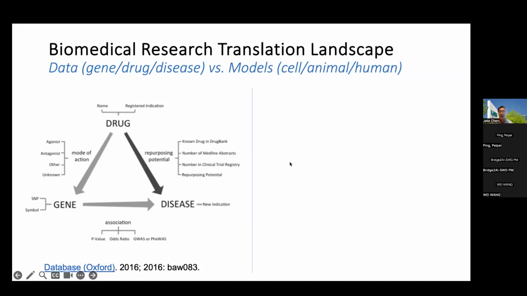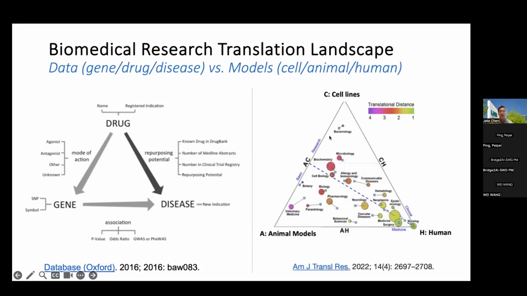On the model side, translational medicine in the traditional way goes from cell lines to animal models to humans, right? So there's no place for in silico models yet in the bulk of translational biomedical research. For example, this is a figure from a paper.